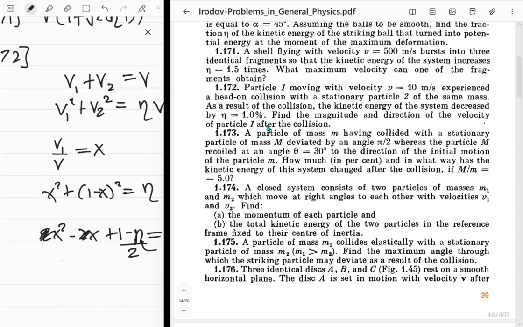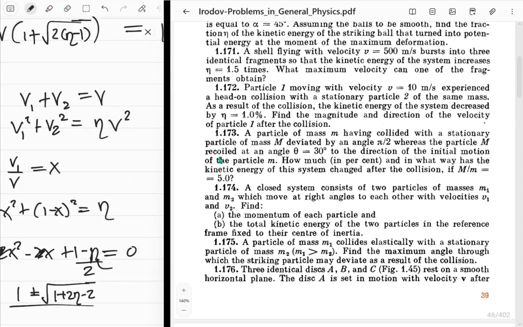So your x will just be minus b, which is 1, plus minus the square root of b squared minus 4ac, all upon 2 times a. So 2 eta and then minus 2, and all of that upon, oh wait, what? Eta is, oh sorry, it should be decreasing by that.